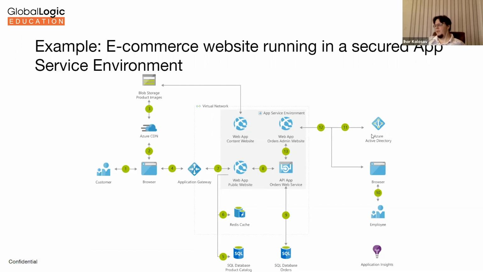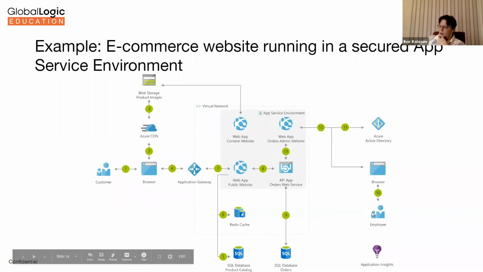Azure Active Directory probably will perform some security restriction activities, right? So you should be able to authorize your employee or your admin to perform some general changes in your system.